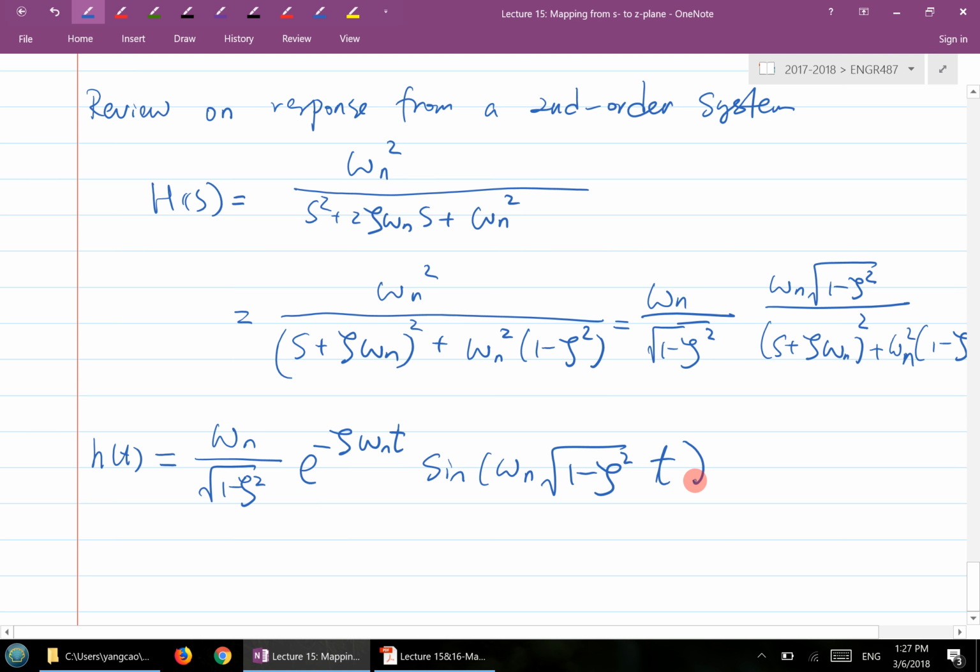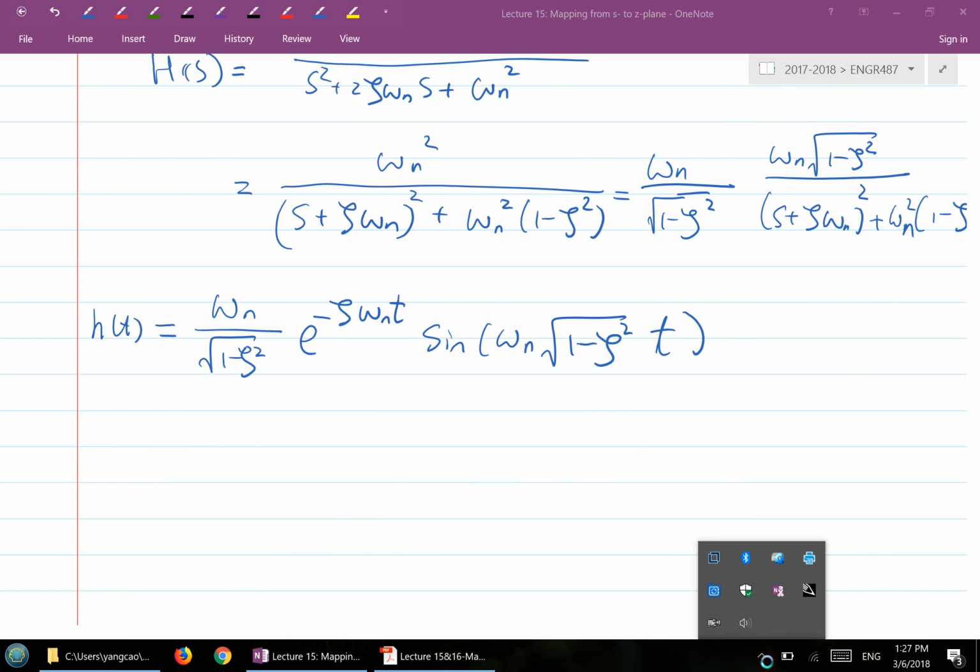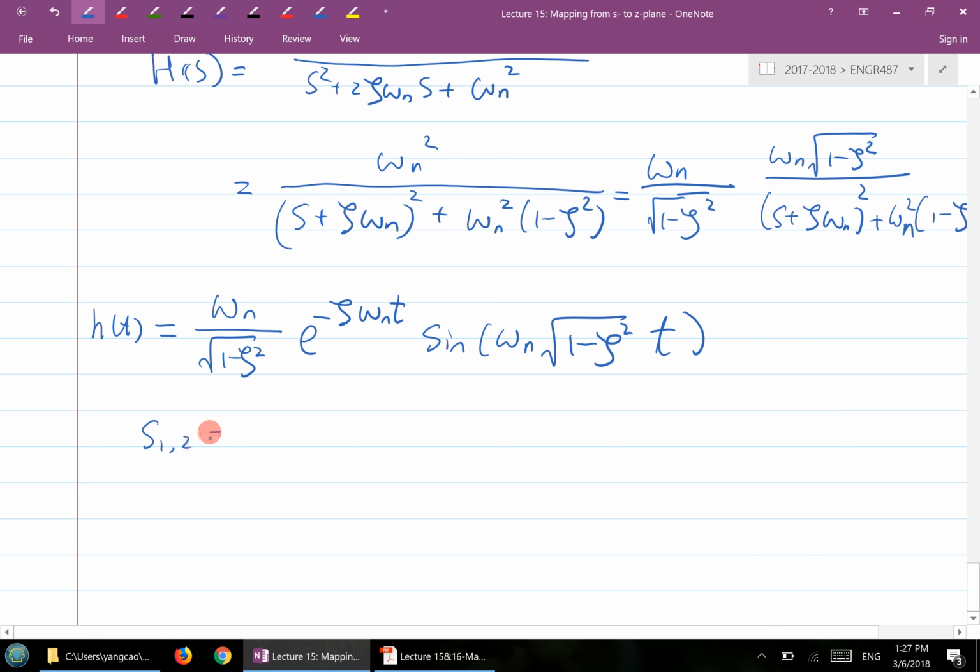So that's the inverse Laplace transform. That's the time response based on this second order transfer function. So for this particular one, if you relate to the Laplace domain, you have two complex conjugate poles: negative zeta omega n plus minus omega n square root of 1 minus zeta squared.